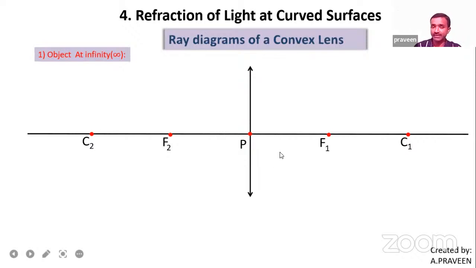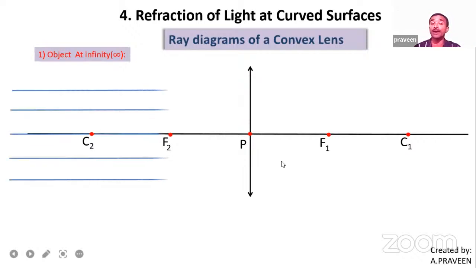That means the object is placed away from the lens, beyond the center of curvature, very, very far. We will get a parallel beam of light rays only. So when the object is at infinity, there is no representation of the object. We will consider only a parallel beam of light rays.